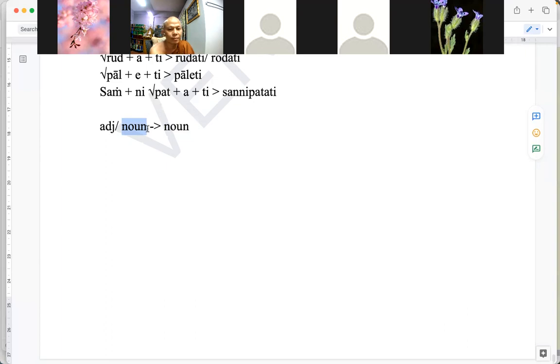Bante, can you give an example where we change the case, but the gender still keeps the same as the first noun? How to say?